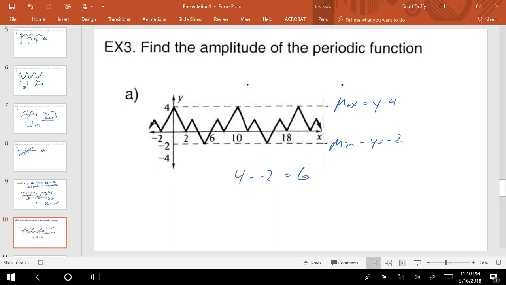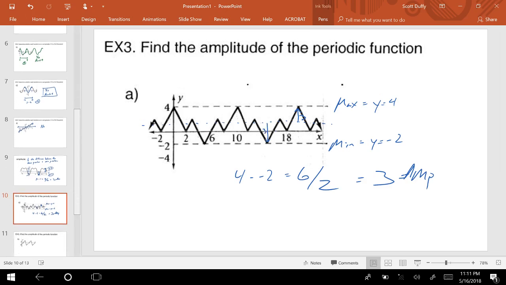That is the difference. Half of that is 3. That is your amplitude. Imagine that you drew that imaginary line sideways. So the distance from that imaginary middle line to the top would be 3. Same thing, that imaginary middle line to the bottom would also be 3. That's what amplitude means.